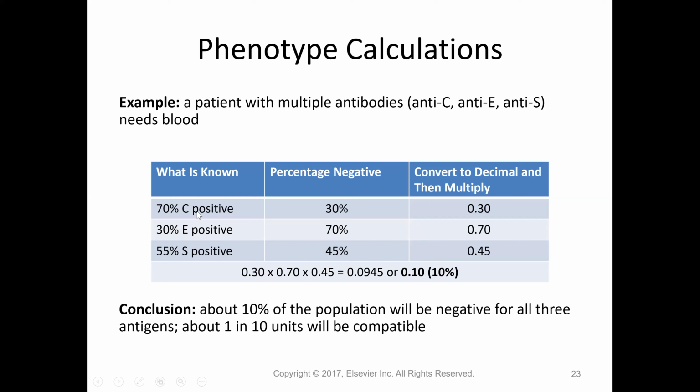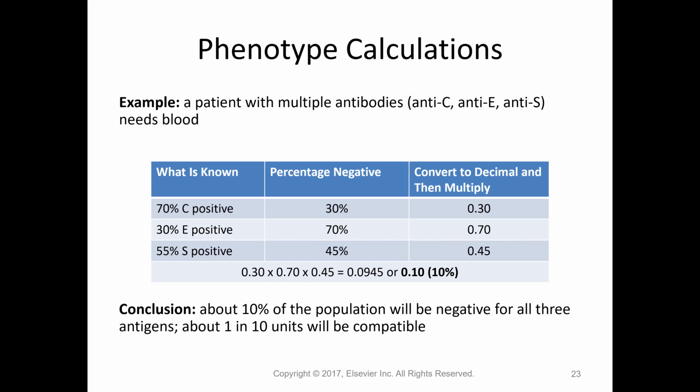So this is their known positives, and then this is their negatives, and then this is the converted decimal. This isn't the decimal of their positives, it's the decimal of their negatives. So the percent negative, you change that to a decimal.